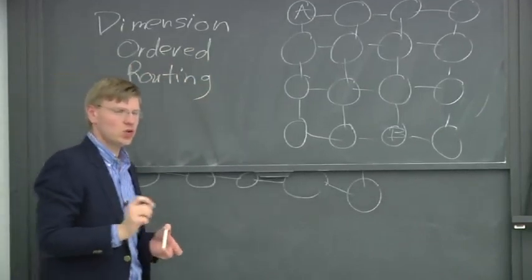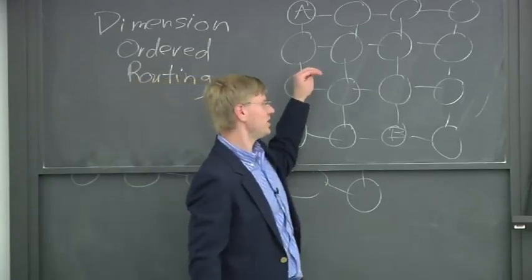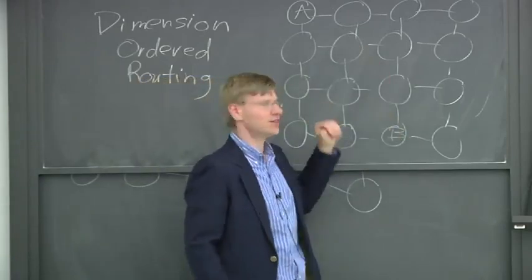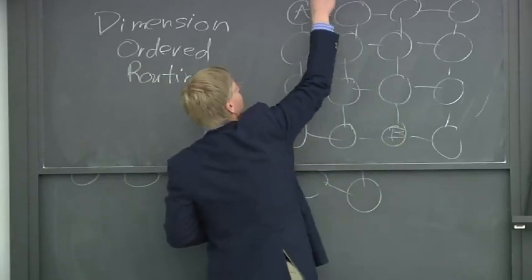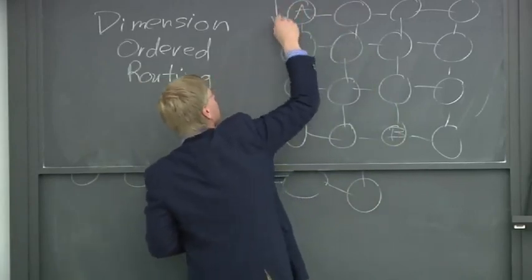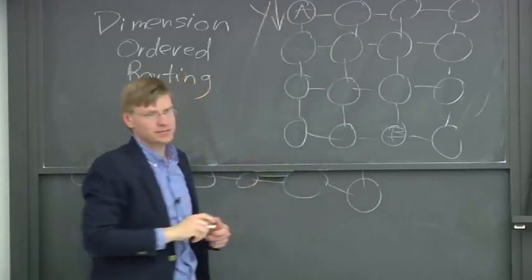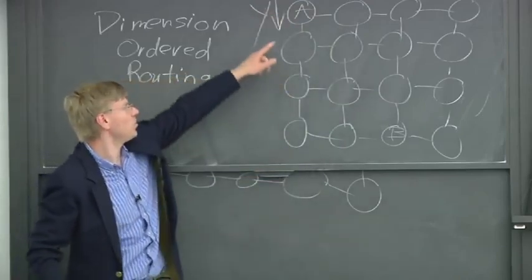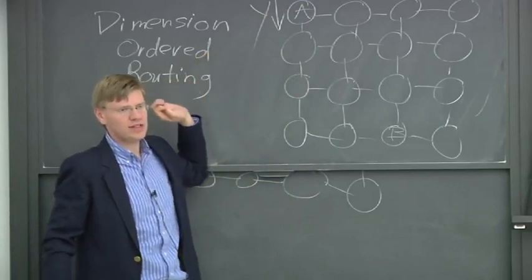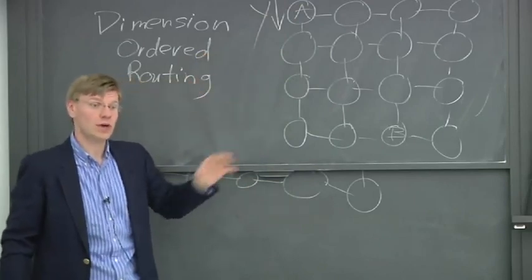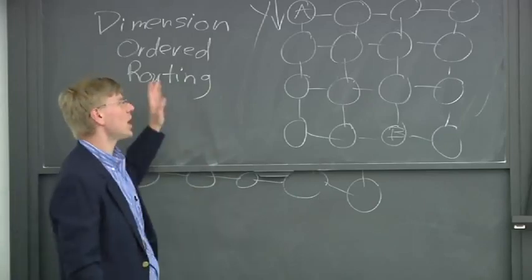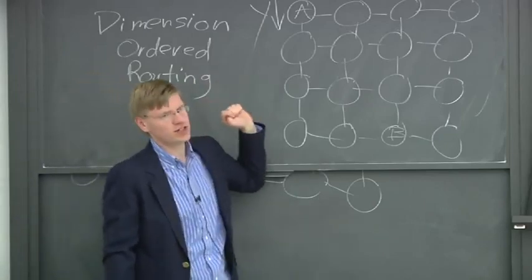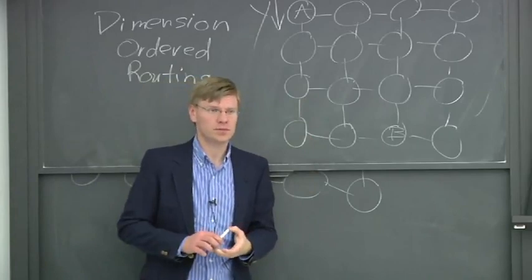And it's called dimension-ordered routing because there's actually two dimensions here. We'll label this as x increasing. We'll label this as y increasing. And dimension-ordered routing says that we order the dimensions in which we route. So we always route in one of the dimensions before we route in the other dimension.